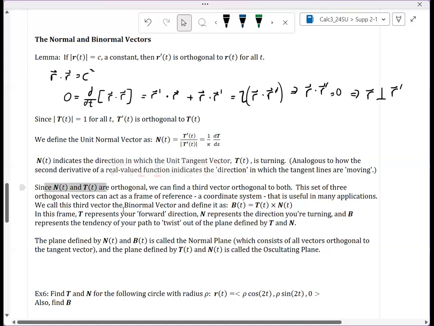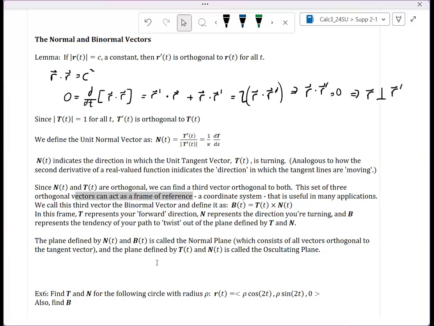Since N and T are orthogonal, we can actually find a third vector orthogonal to both, and then we'll have 3 vectors that are all orthogonal to each other. And this set of 3 vectors can act as a frame of reference. It can act as a new coordinate system that's more inherently tied to the space curve. Our 3-dimensional coordinate system ijk is just fixed.